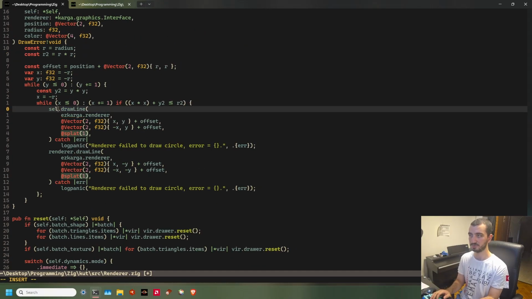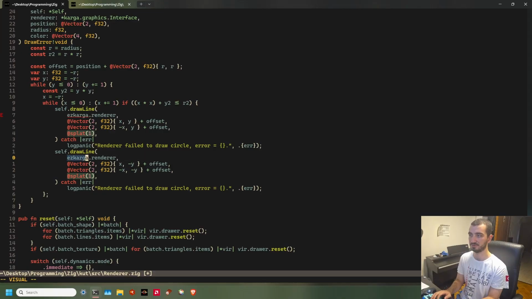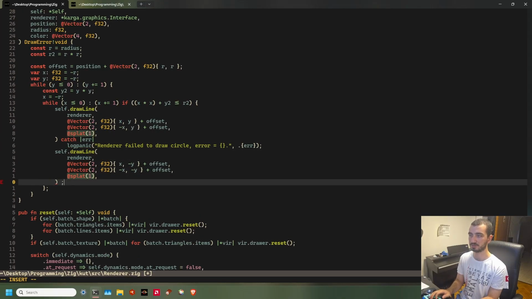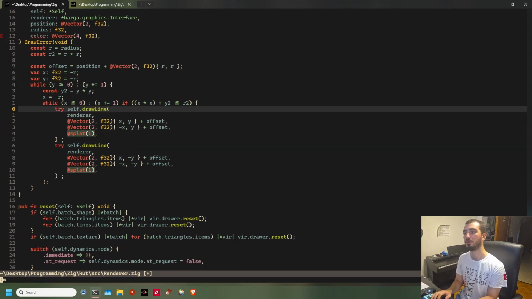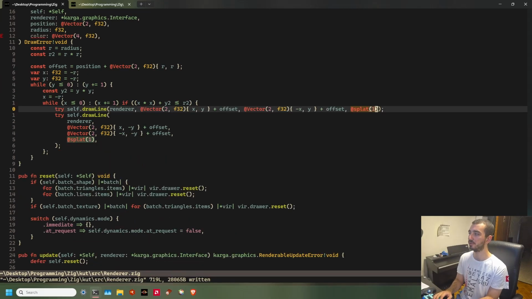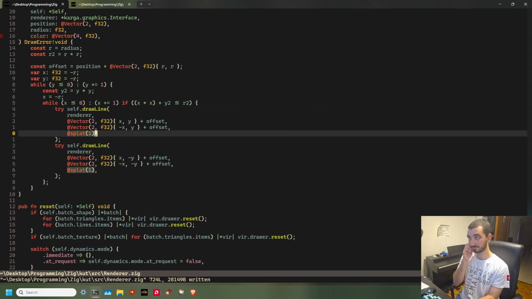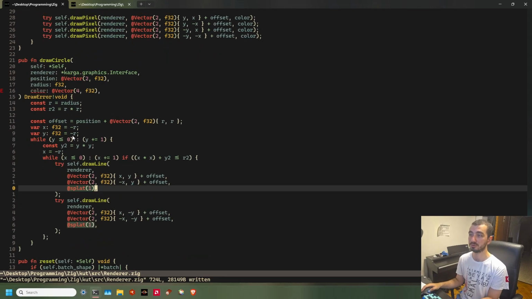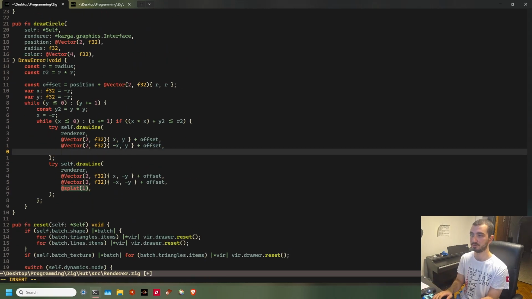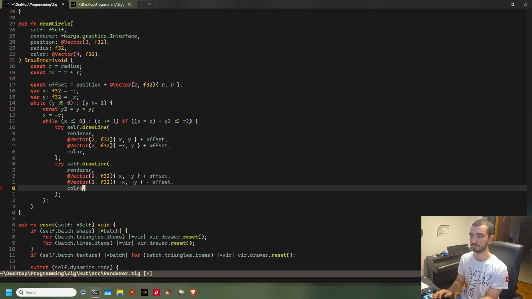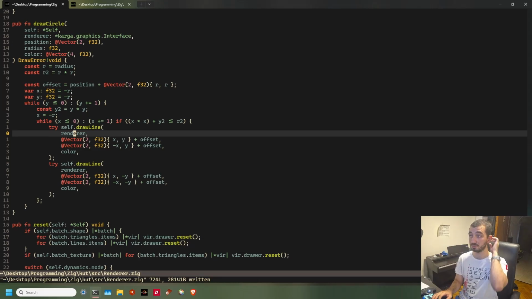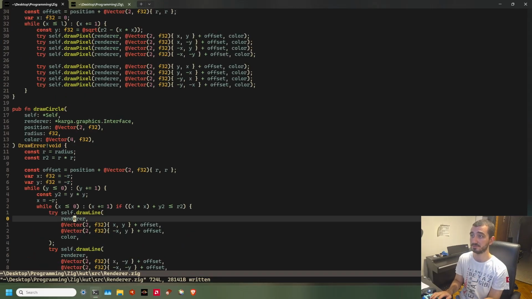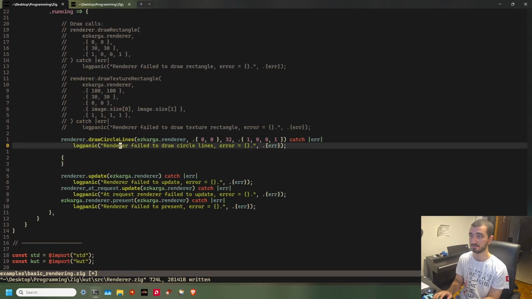And these are self, just renderer, and no panics, try and return the error. Okay, we can just do it this way. And the color, right? This is the color. There you go. And that's the whole thing implemented into functions, so this should work as well.